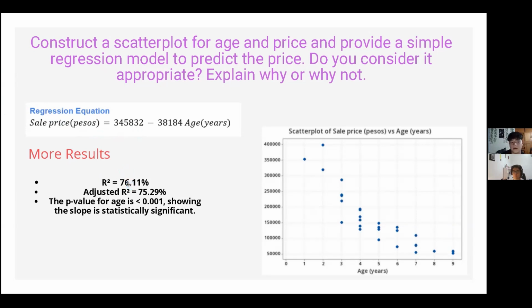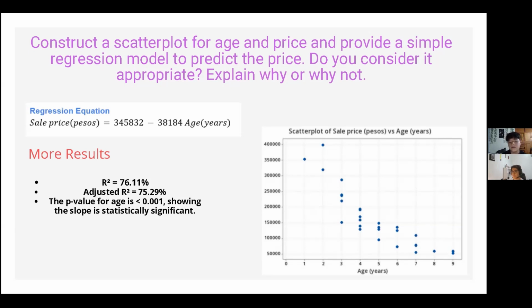The R squared is 76.11%, and the adjusted R squared is 75.29%. So age explains about three quarters of the variation in price. The p-value for age is less than 0.001, so the slope is statistically significant.